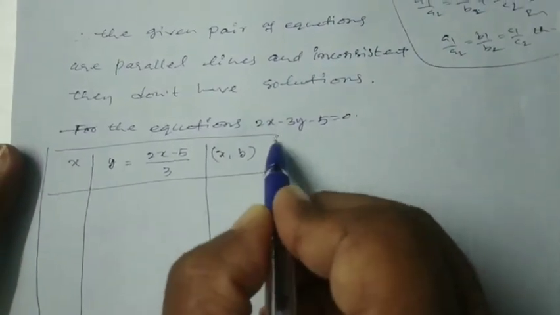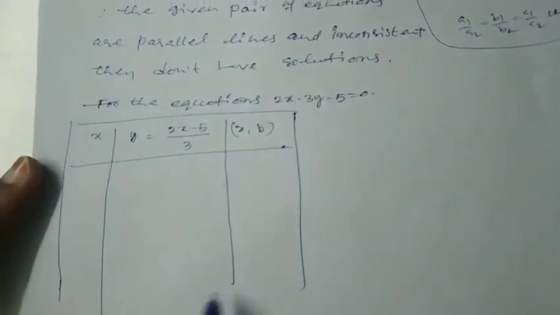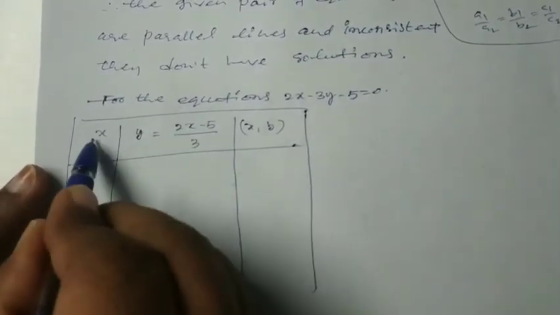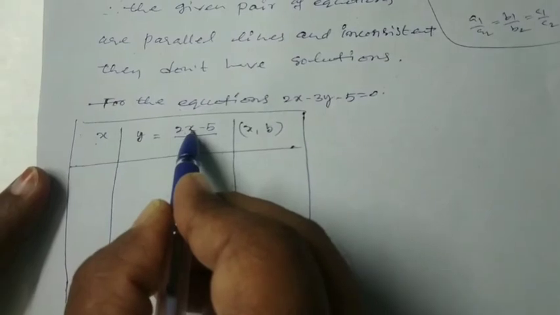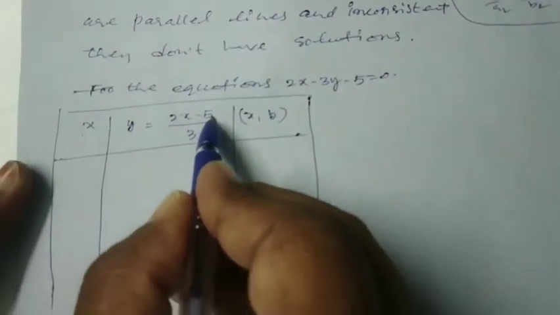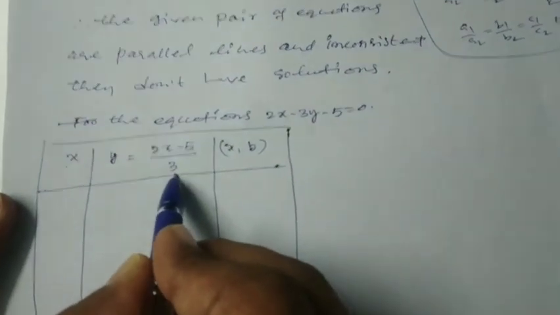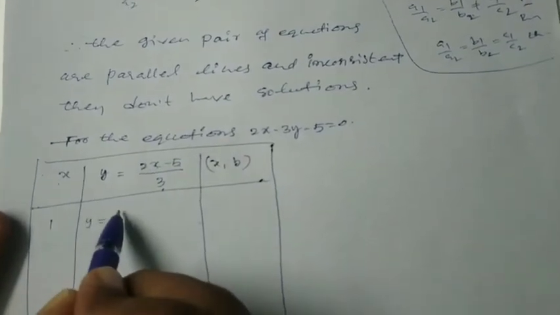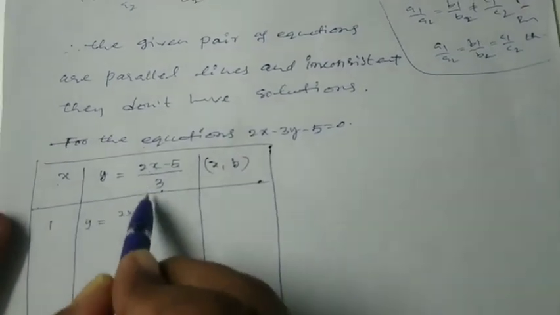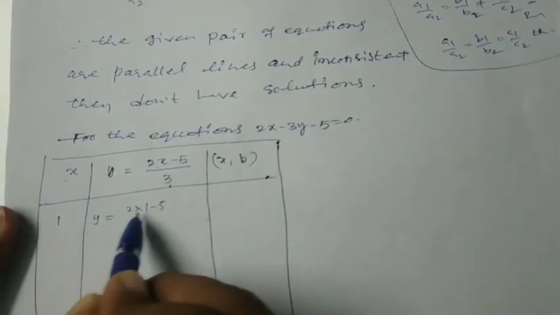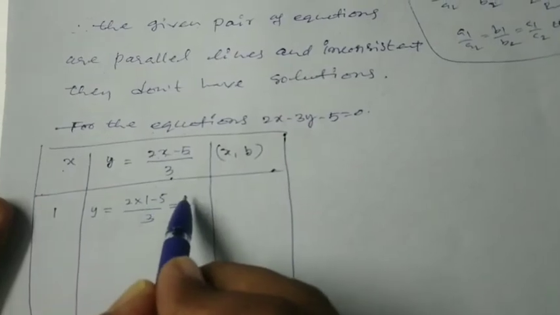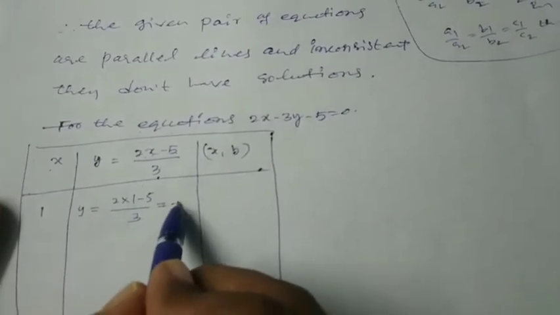X values we can take any values, that is your wish only. If we take x equal to 1, 2 ones are 2, 2 minus 5 equals minus 3, minus 3 by 3 equals minus 1 will come. So for x equal to 1, y equals 2 into 1 minus 5 by 3, equals minus 1.